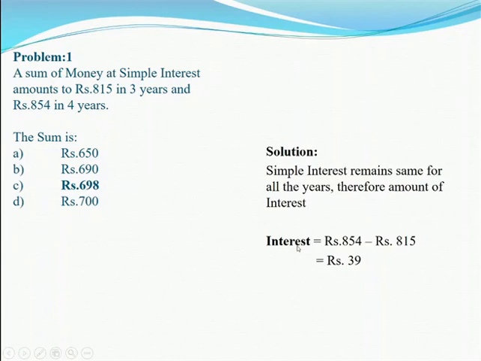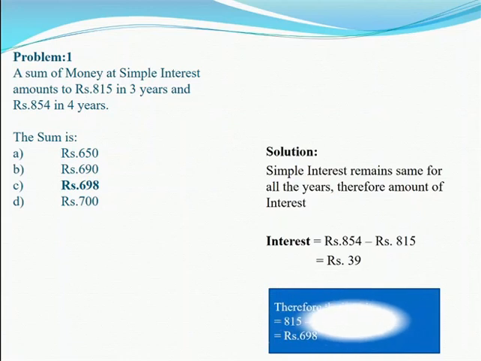Here, the sum of money in the year 4 is 854 and in the year 3 it is 815. So the difference between the sum of money at the year 4 and at the year 3 will give you the amount of interest, that is 39. Now this amount of interest will remain the same for all the years, because here it is clearly given that it is simple interest.